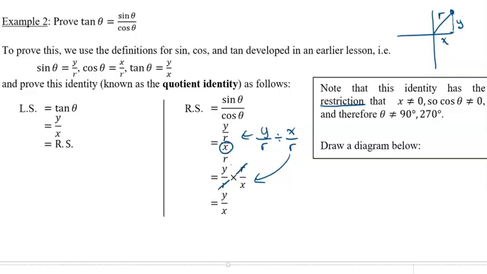So if x can't be 0, and we can see that that's related to the fact that cos theta can't be 0, then we draw a diagram to show, well, when is x going to be 0? Well, x is going to be 0 if that terminal arm is right along the y-axis. And if that terminal arm is along the y-axis, then really the y value is the same as the r value, and the x value is 0.